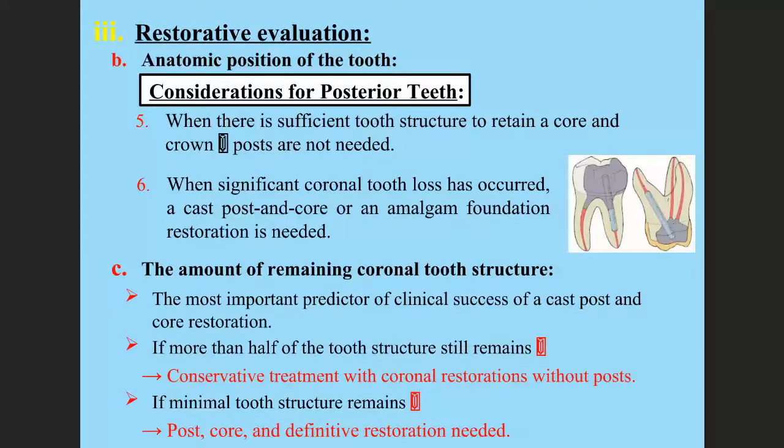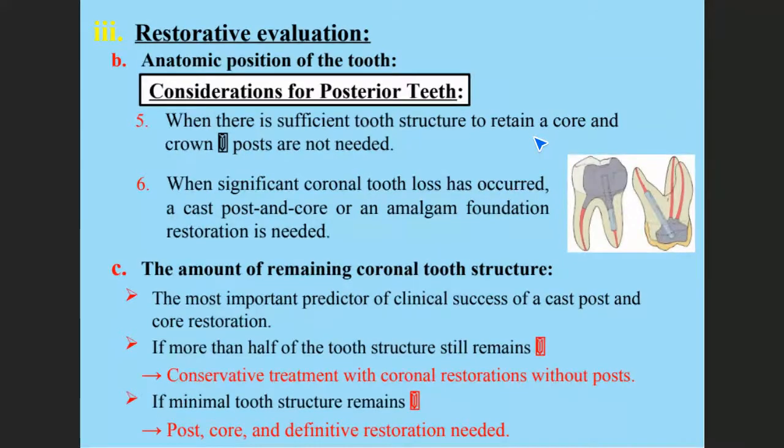If you have sufficient coronal tooth structure to retain the core, a post and crown is not needed, because you have enough coronal tooth structure to retain the core and the crown.